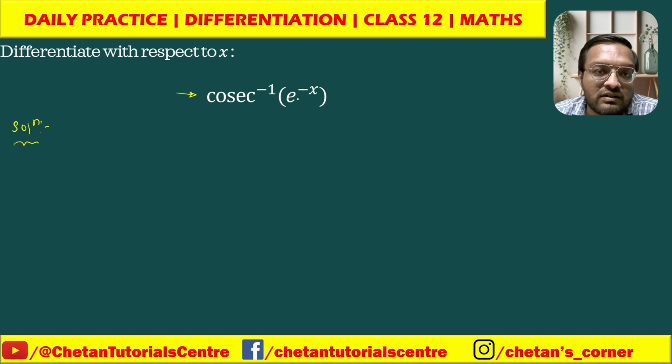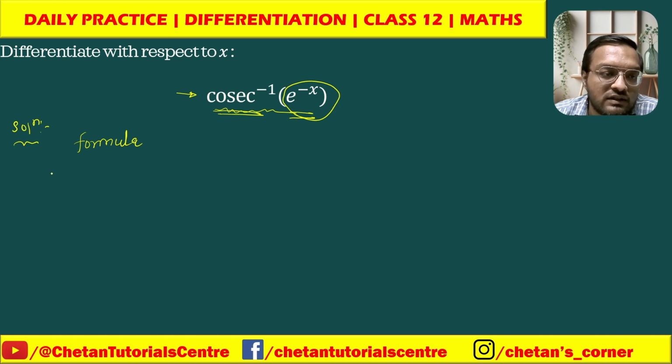This is cosec inverse of e raised to minus x. So there is a formula, as this is a composite function. Here you can see that this is an inverse trigonometric function and this is an exponential function. So there is a standard formula for this. What is that formula? I will write it and show you.